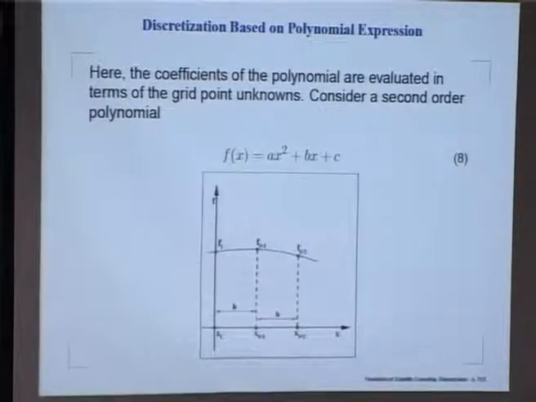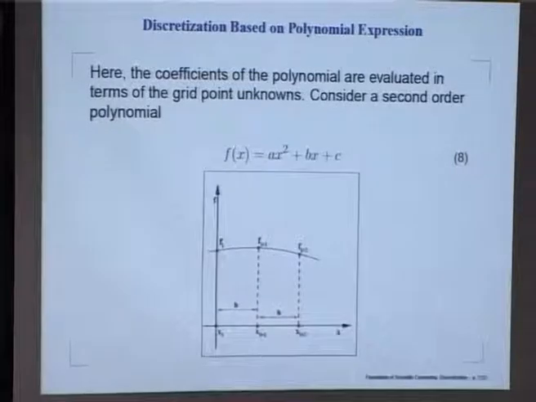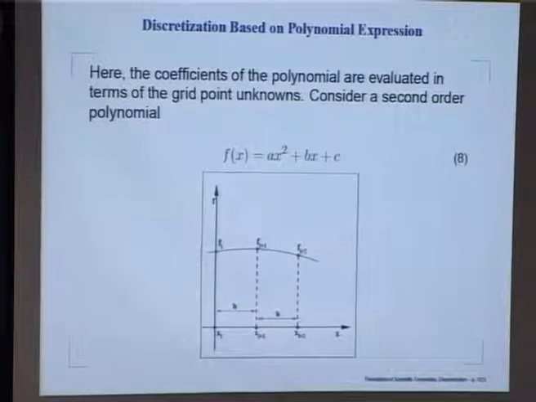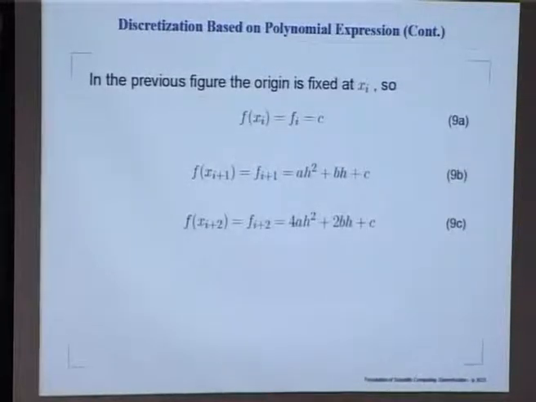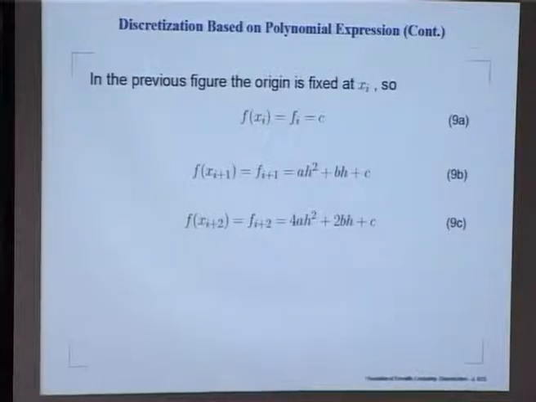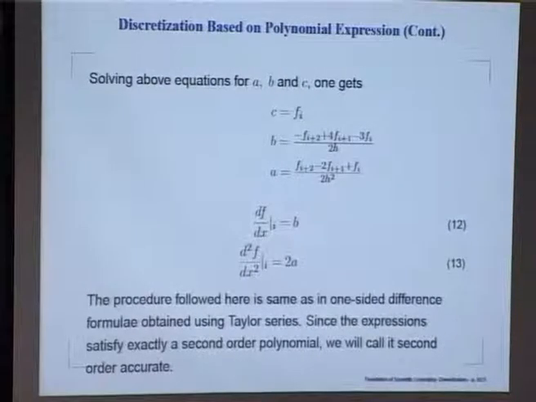So, suppose I fit in a quadratic here, and of course, you need 3 points to get these 3 coefficients a, b, c. That is what you do, satisfy this polynomial at 3 points, f I, f I plus 1 and f I plus 2, and solve for a, b, c, and this is what you get.